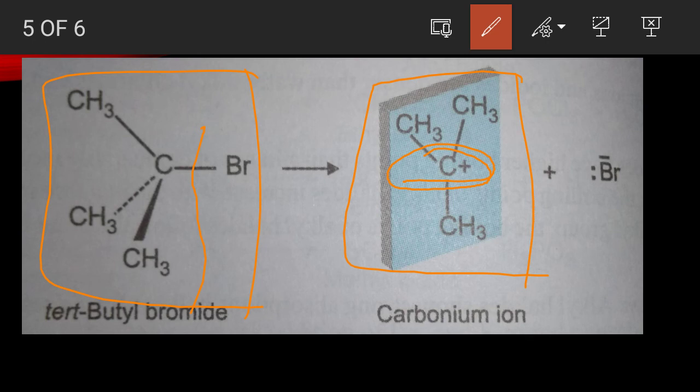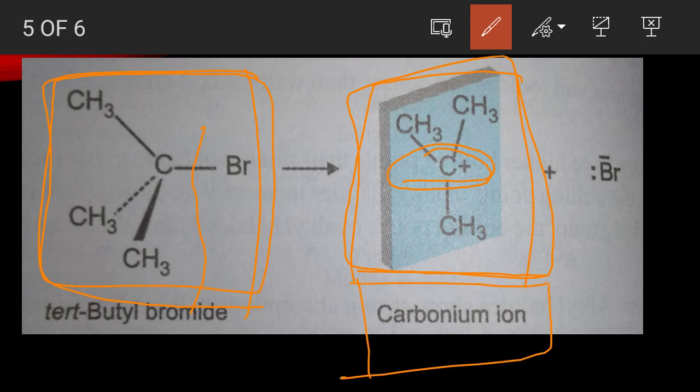This is the first step in the SN1 mechanism. The tertiary butyl bromide is converted into a positively charged carbon atom with planar structure. It means a planar carbonium ion is formed by heterolytic bond fission of the carbon and halogen bond.